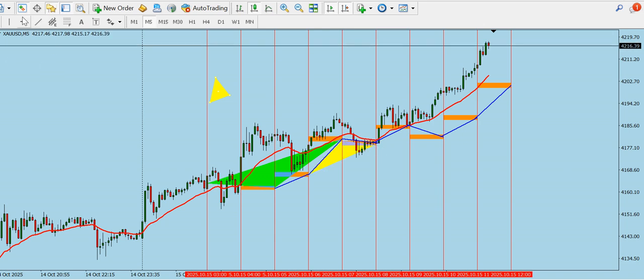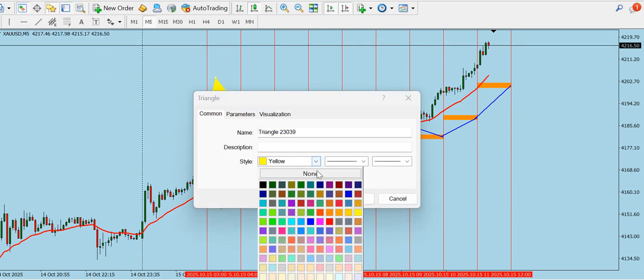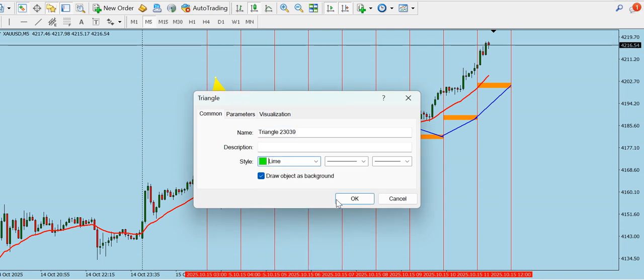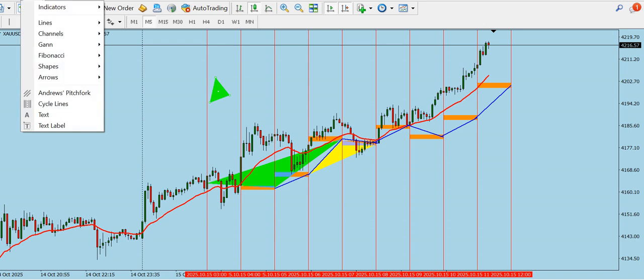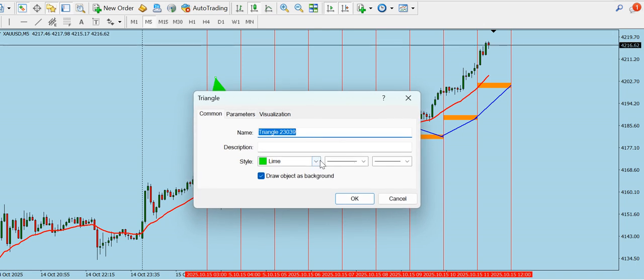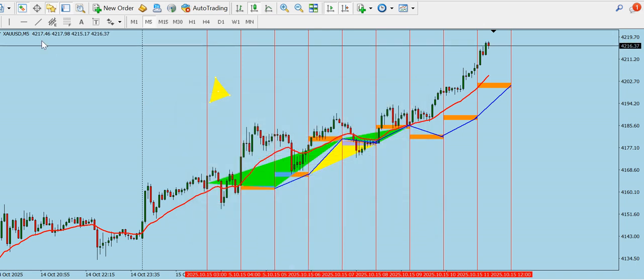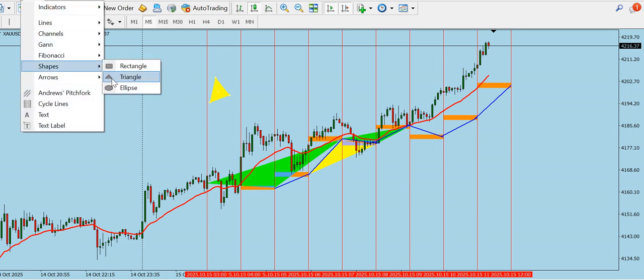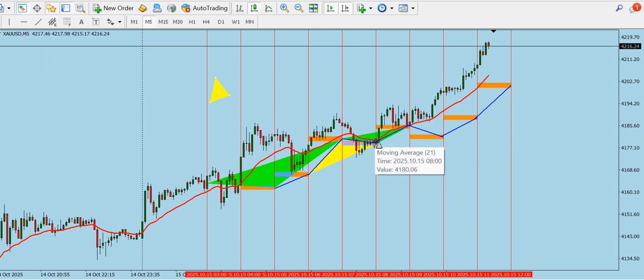Okay, and the next one is a bullish direction, so I'll be mapping it with a lime colored triangle, which I've done here. Now the next one is a bearish direction, so I'll be mapping that with a yellow colored triangle.